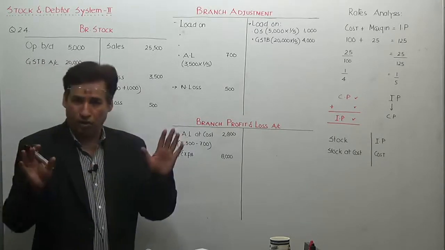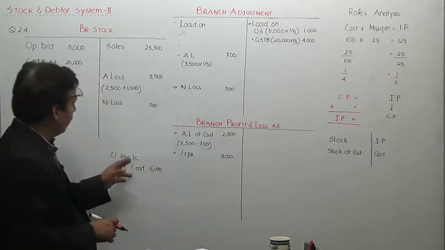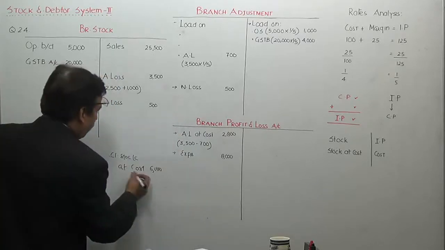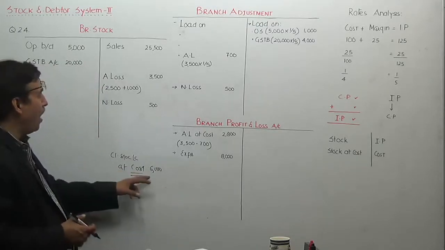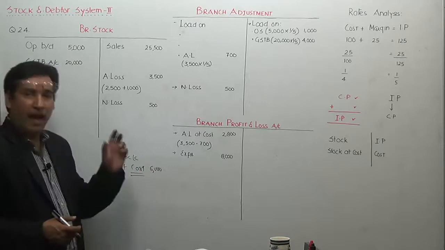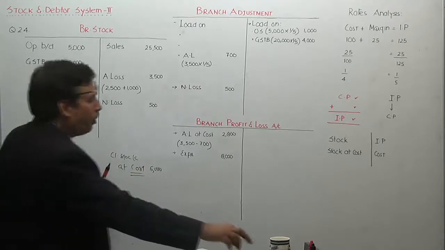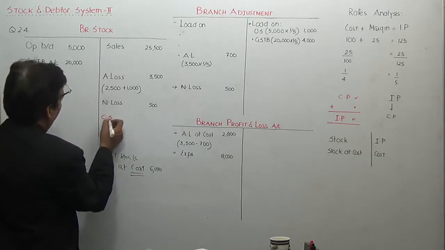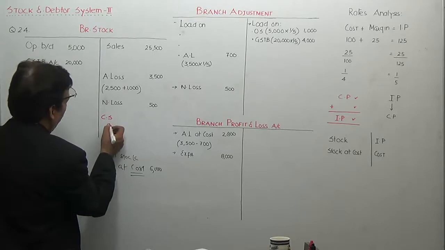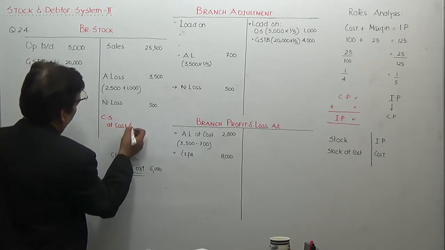That is for sure, correct? No confusion should arise over there. But if the question specifically mentions that closing stock is at cost, then definitely now I cannot treat it as at invoice price. In that case, I would have written closing stock this way round. Closing stock at cost 6,000.